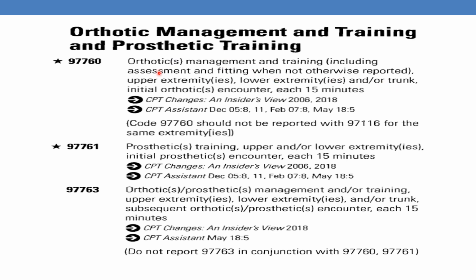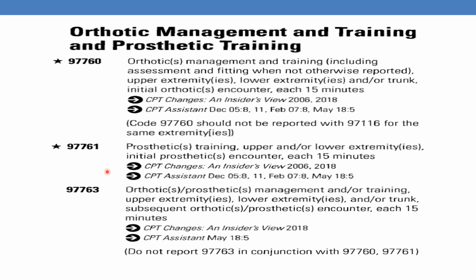The body parts covered under 97760 are upper extremity or extremities, lower extremities, and trunk, and this is mainly given for initial orthotic encounter each 15 minutes. These are time-based CPTs, and for initial orthotic encounters for each 15 minutes, you need to code 97760.